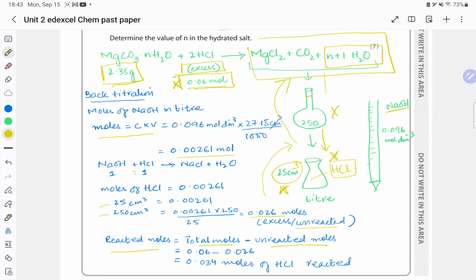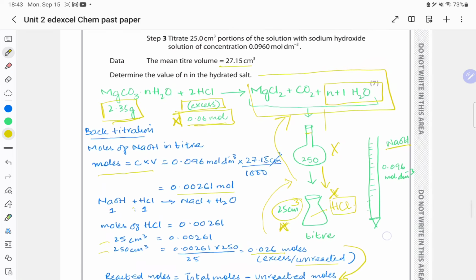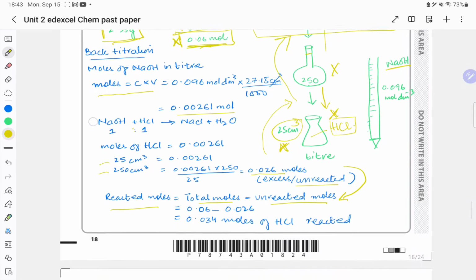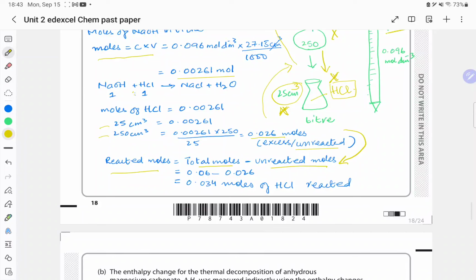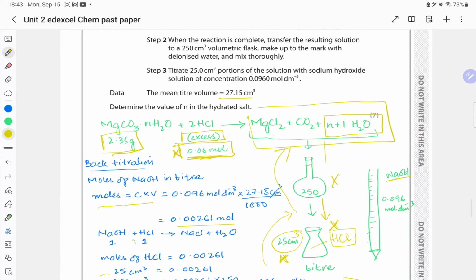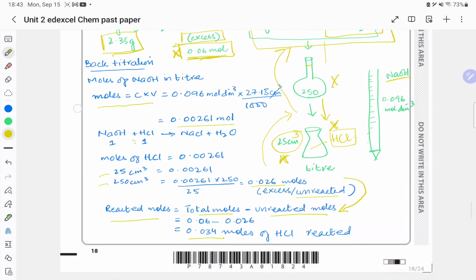Unreacted we have already got, that is 0.026, and the total mole is 0.06, that's given in the question. So once we subtract these moles, we get 0.034 moles of HCl that have reacted. So that means now we have got the moles that have reacted.